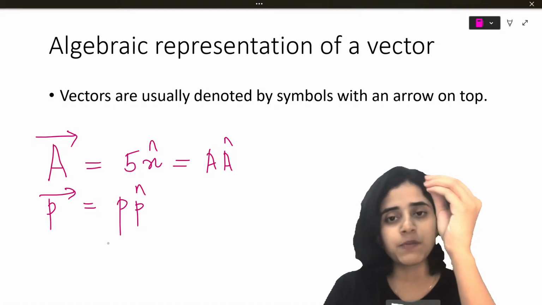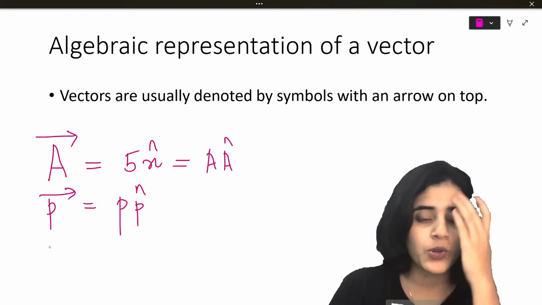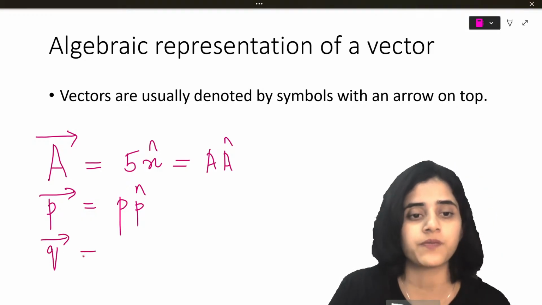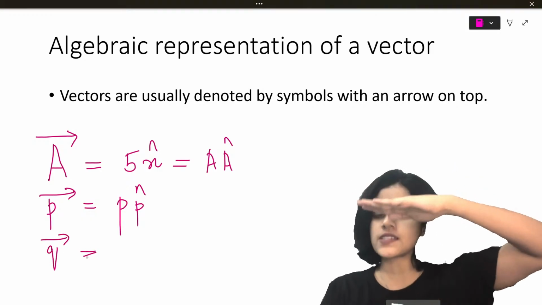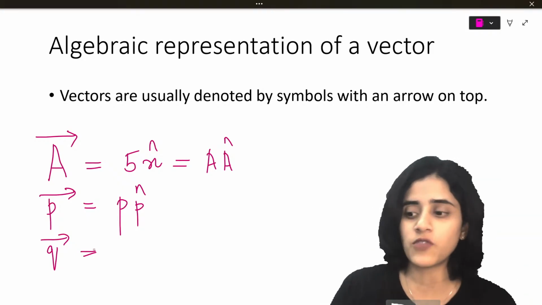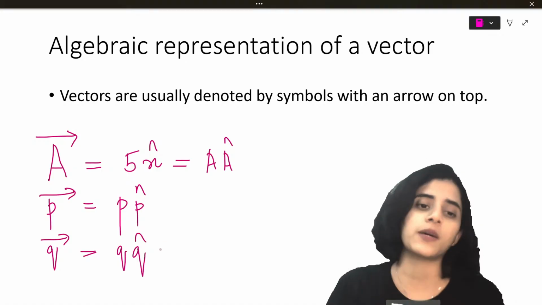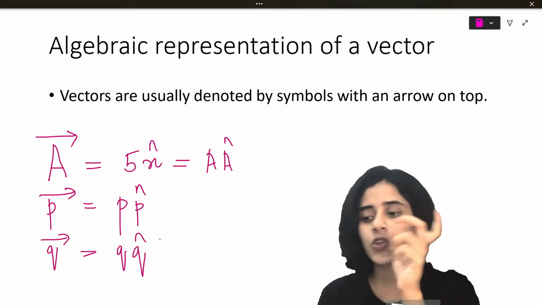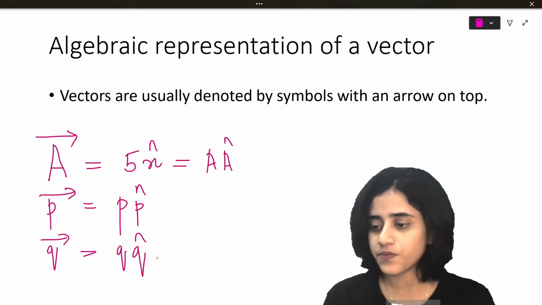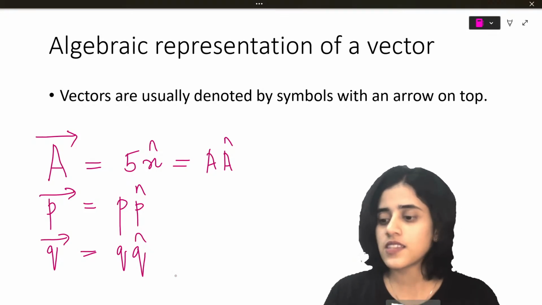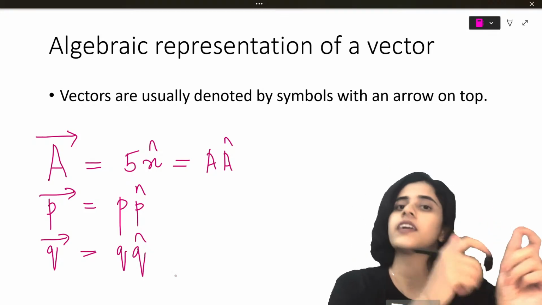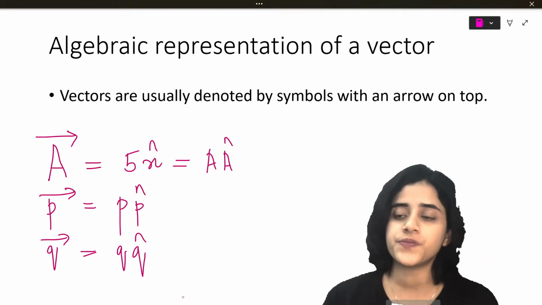So the cap represents direction. Now if you have a Q vector, as I said, the arrow represents vector. Q vector will be equal to Q and Q cap. So Q is the magnitude, Q cap is the direction. Yes, Nehru. Starting point is the tail, ending point is the head.